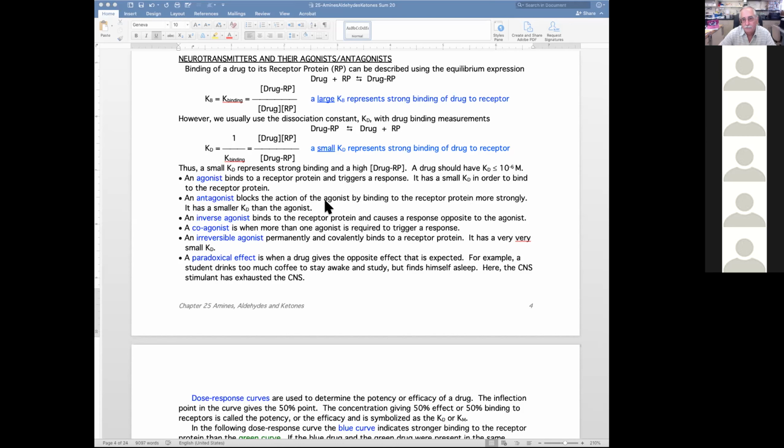An antihistamine can also be considered an agonist. Wouldn't you expect that if the histamine binds to the receptor protein, an antihistamine is going to have to resemble it in structure fairly well? So you want the antihistamine to act as an agonist, to bind to the receptor more strongly and outcompete the agonist.